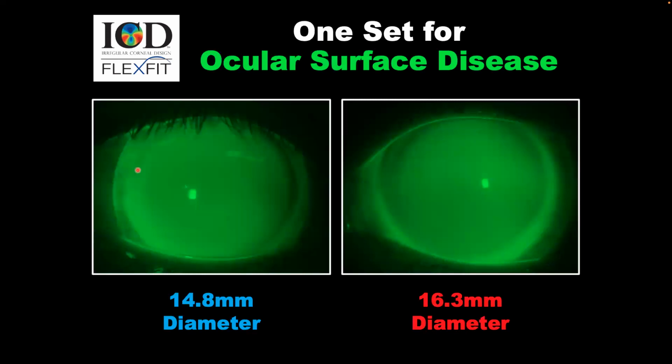Like I was telling you, for ocular surface disease you may not want to go with a 14.8. I may want a larger diameter so the lids go over and don't touch any sensitive cornea. So I prefer to go larger in diameter for ocular surface disease.